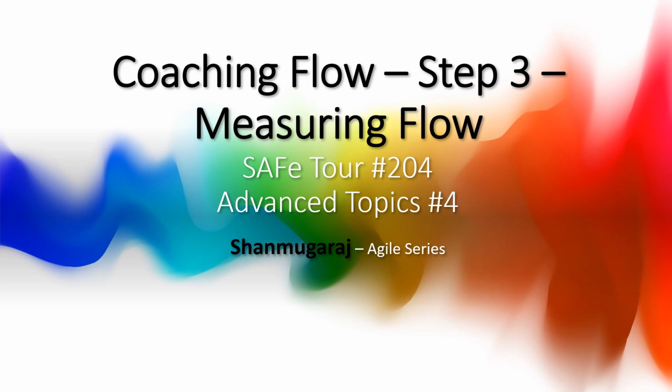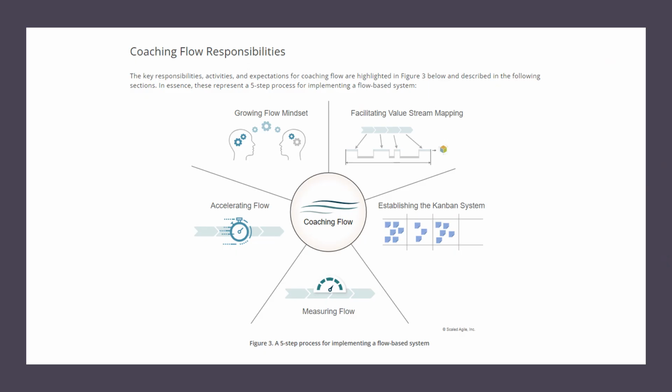Having said that, let us get into today's topic. We are currently discussing some of the advanced topics in SAFe 6.0. Today's topic is step 3 of coaching flow, which is measuring flow. As you might already be aware, there is a 5-step process for implementing a flow-based system, or coaching flow.